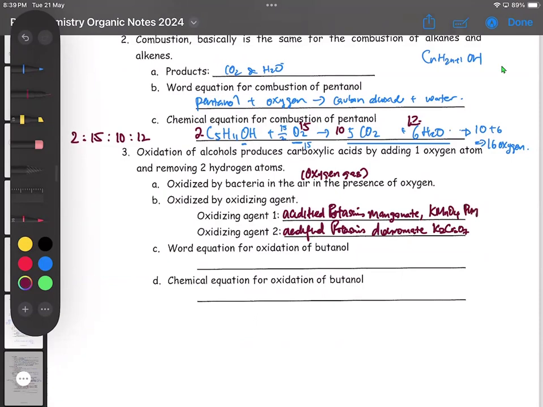The color changes when it happens: purple to colorless, orange to green.